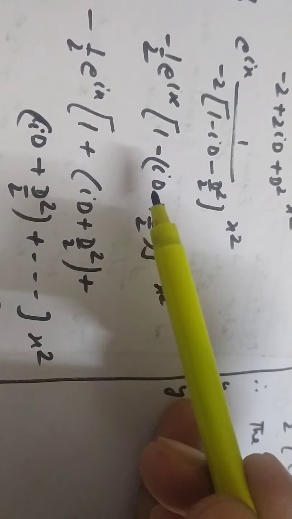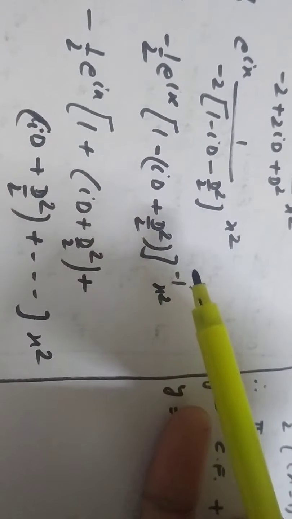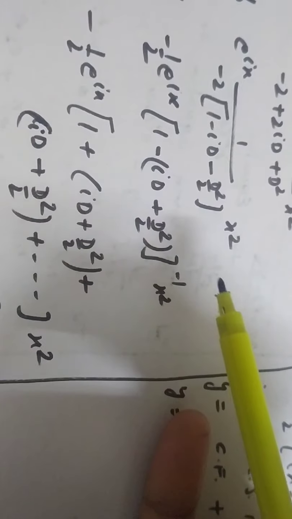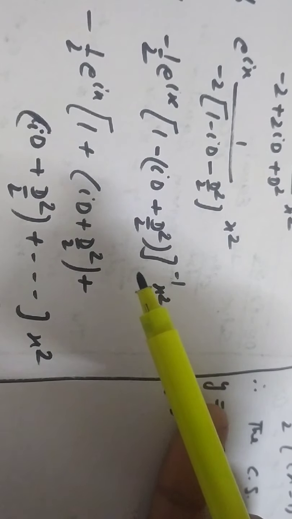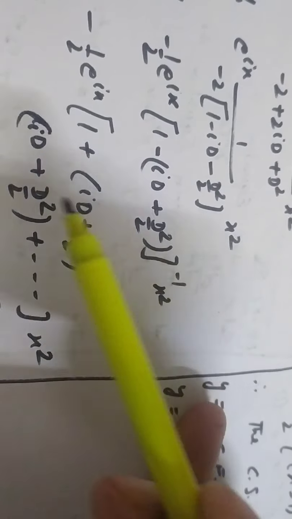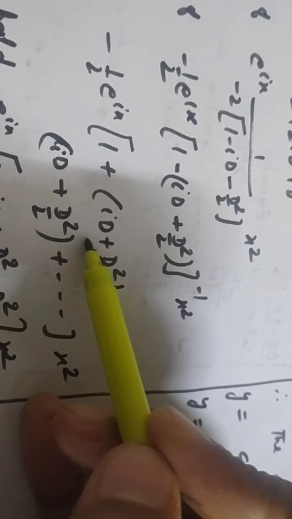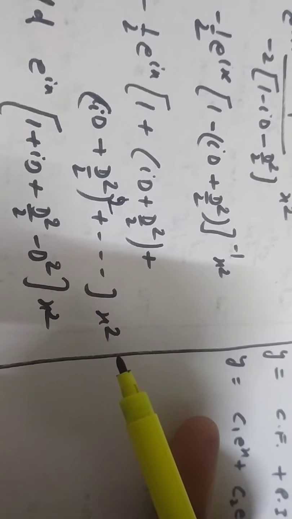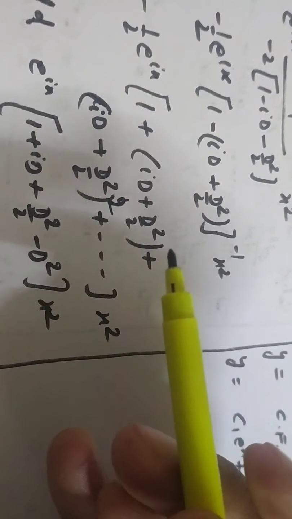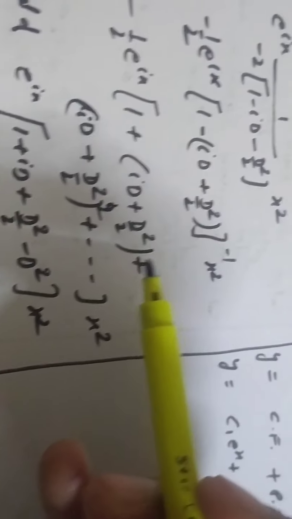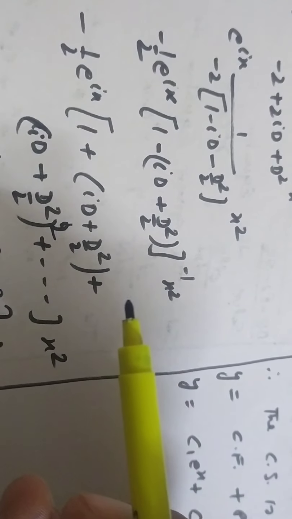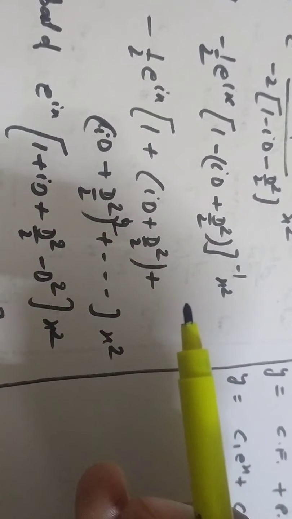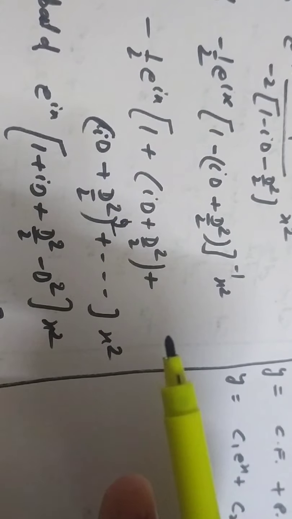So for that I have used 1 minus x raised to minus 1. 1 minus x raised to minus 1 is opened as 1 plus x plus x square and so on. You must note here that iota square, whenever found in the solution, you have to replace that iota square with negative 1.